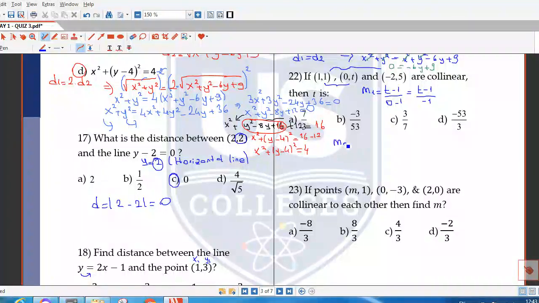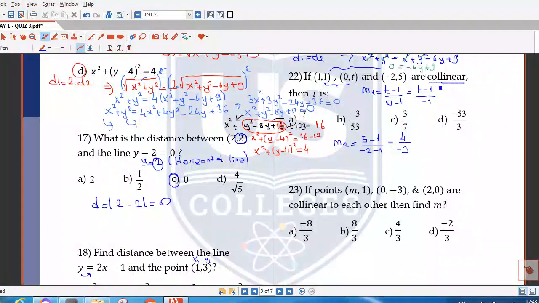The second slope is by using first point and the third point: difference of y coordinates 5 minus 1 over difference of x coordinates minus 2 minus 1. Numerator is 4, denominator is minus 3.